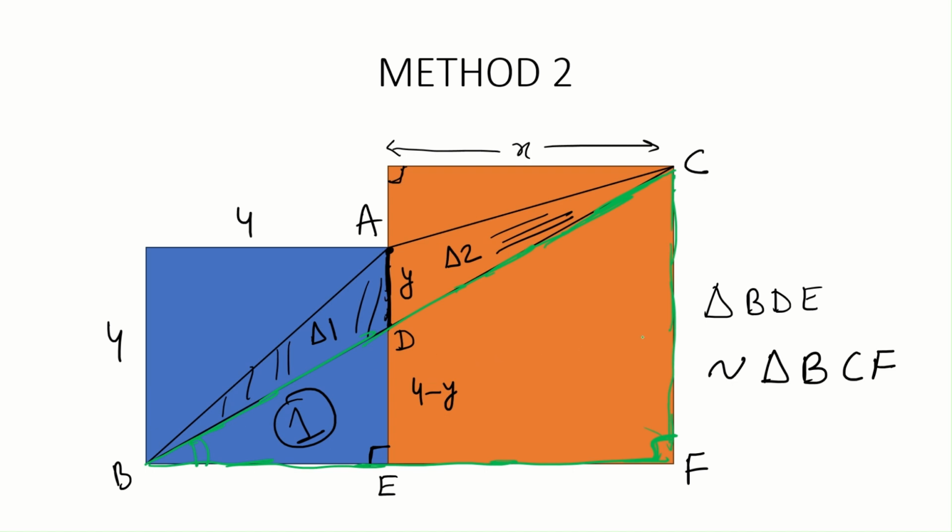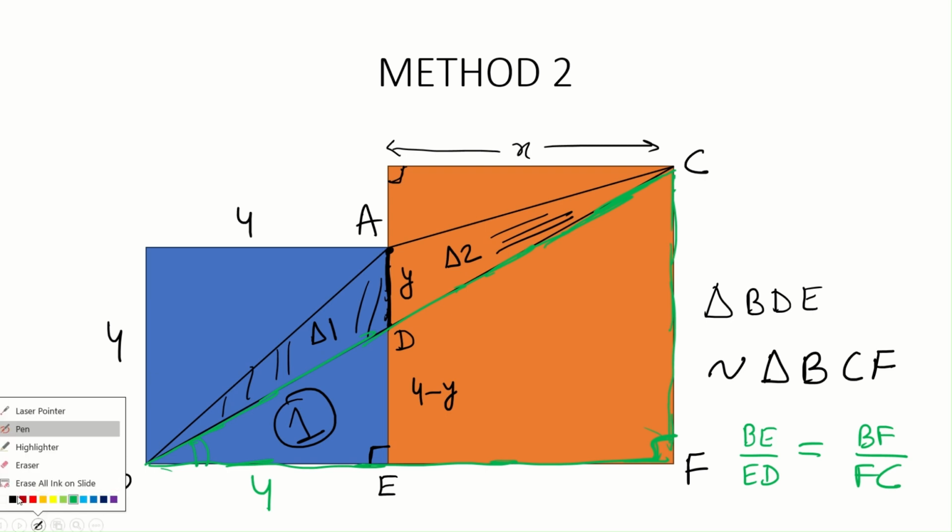All right, so these two triangles are similar, and that implies that the ratio of corresponding sides of these triangles is going to be the same. So I can say that the ratio BE over ED, let me write it here, is going to be the same as BF over FC.